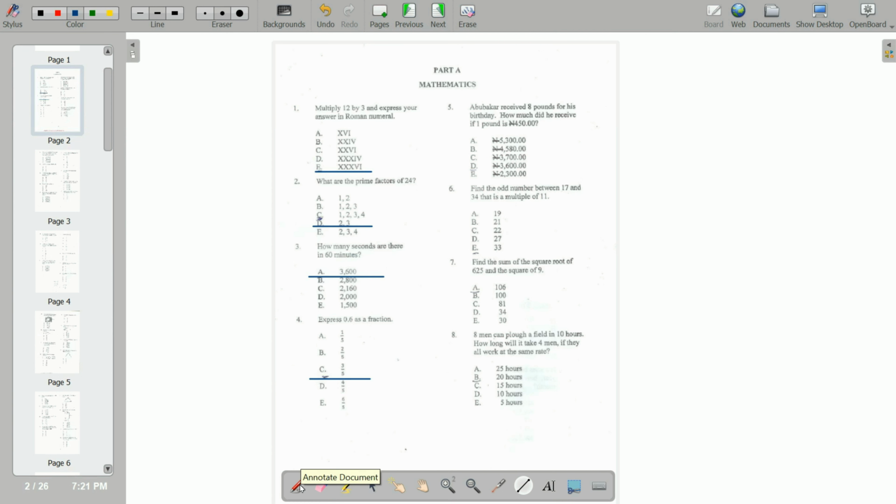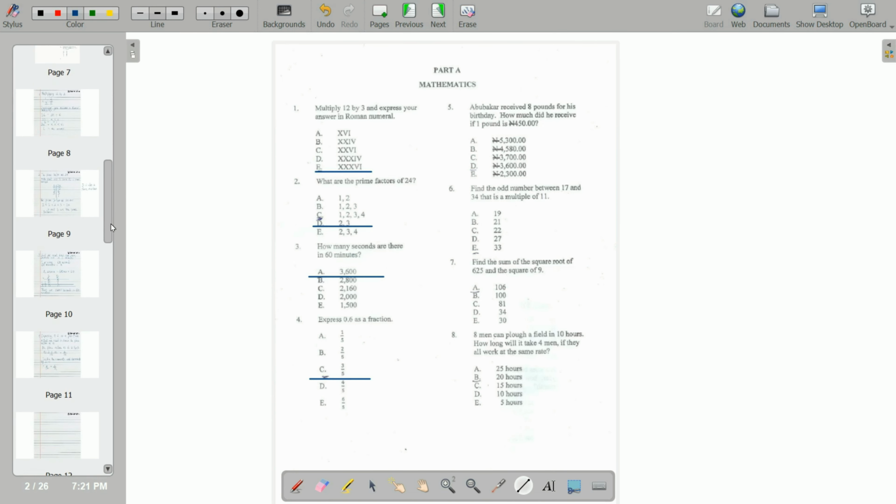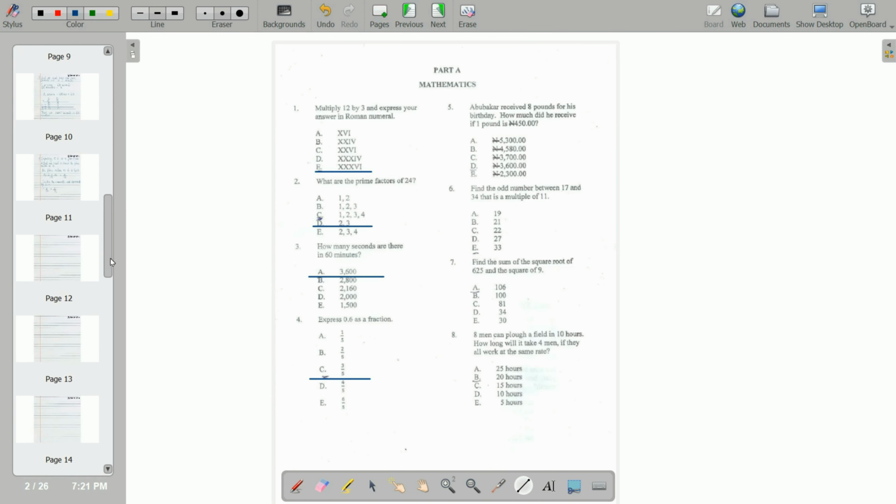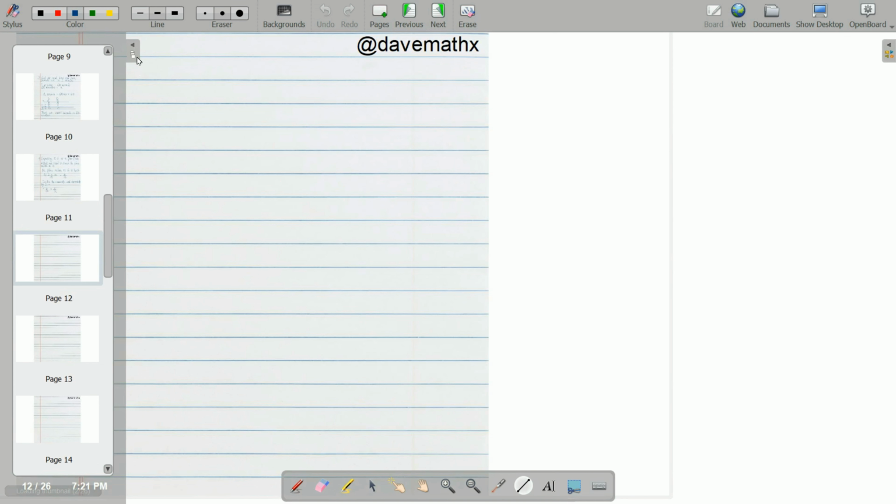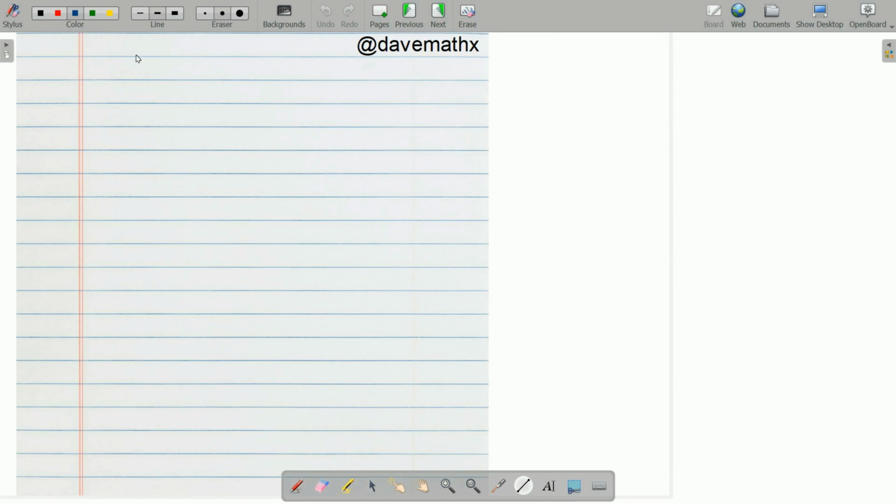Next, we move to question 5. In regard to question 5, Abu Bakr was given 8 pounds for his birthday. If a pound is worth 450 naira, how much did he get?